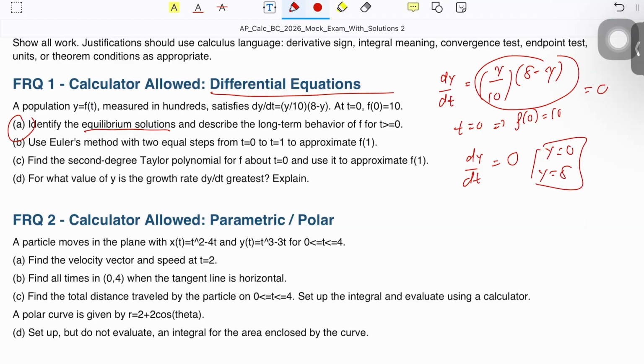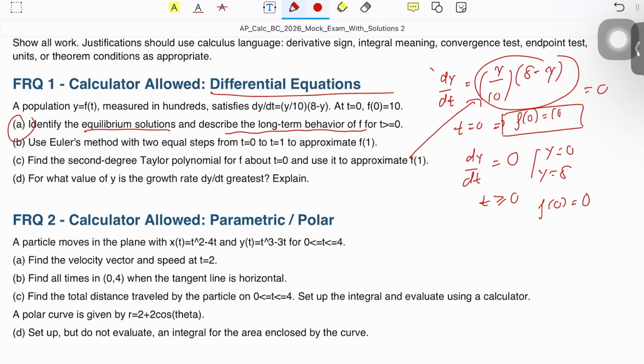Easy, right? Describe the long-term behavior when t is larger than or equal to 0. Actually, plug it in. The initial value f of 0 is 10.